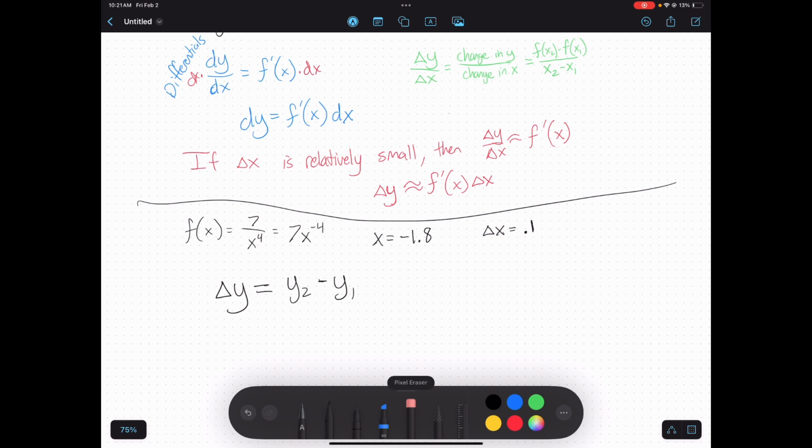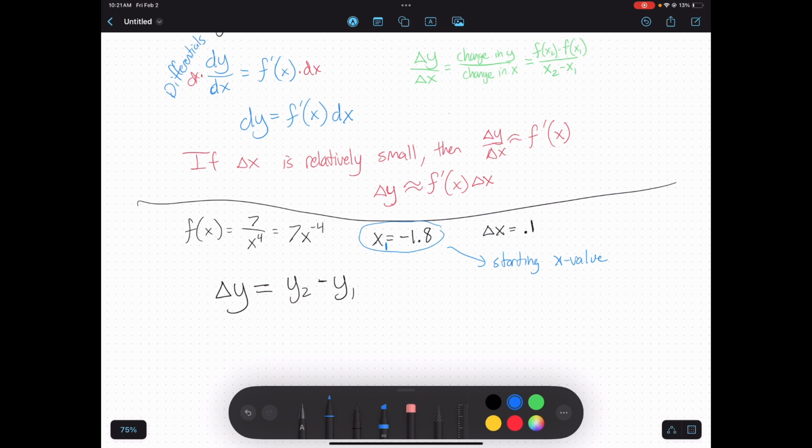Well, x equals negative 1.8. This piece right here represents my starting x value. Or another way to write that is, this is my x1. Negative 1.8 represents my x1.